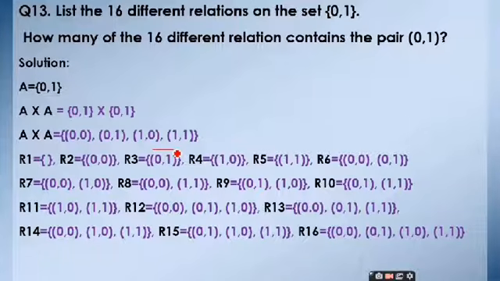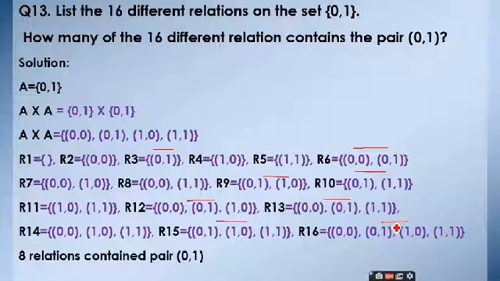R3 contains (0,1), this relation contains (0,1), relation 9 contains (0,1), relation 10 contains (0,1), relation 12, relation 13, relation 15, and relation 16. Let's count the relations: 1, 2, 3, 4, 5, 6, 7, 8. So 8 relations contain the pair (0,1).